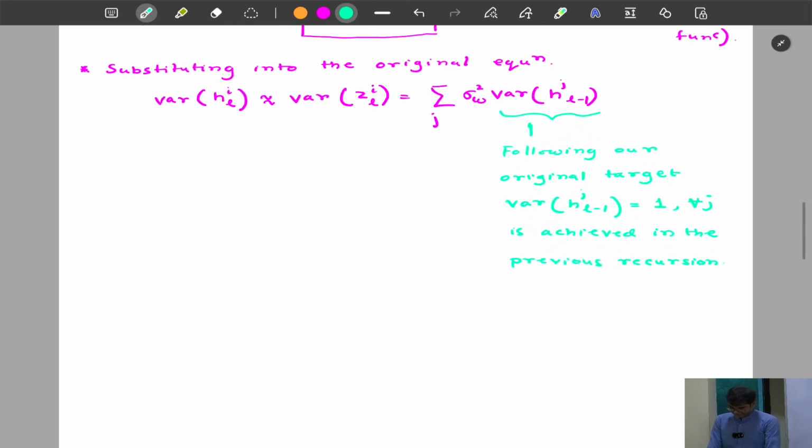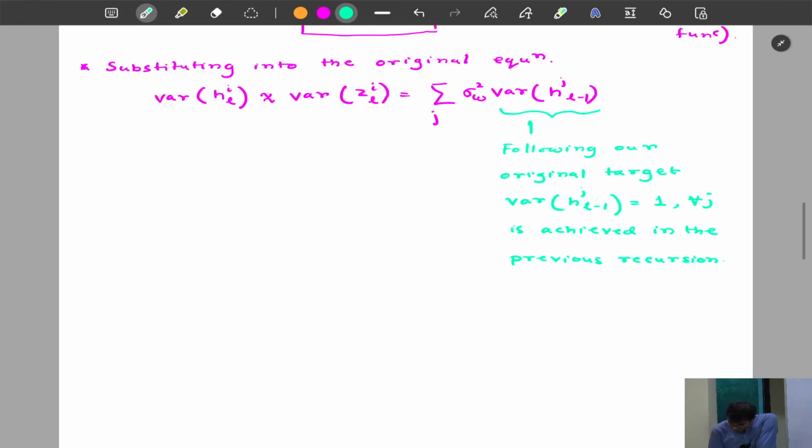If that is the case, then what is this equal to now? So which implies variance of h L i is approximately equal to N in times sigma W square.